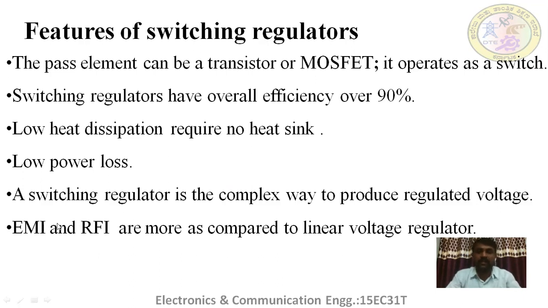Interference means disturbances, that is unwanted noise. So those are electromagnetic interference and radio frequency interference. Electromagnetic interference is due to the usage of inductors, and radio frequency interference is due to the switching action.